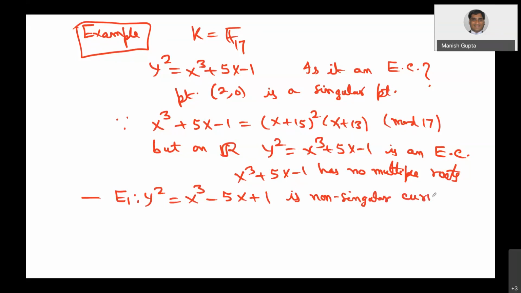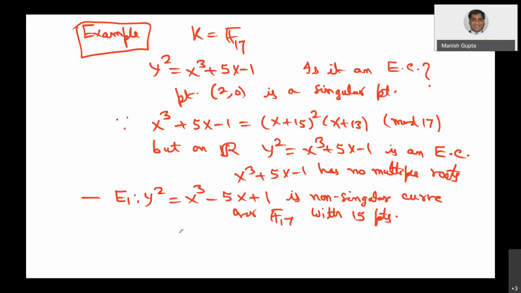How will you find this? You just put f(x,y) equal to 0 and see what the points are, and then compute del f over del x, del f over del y, and do all those calculations. So this is a non-singular curve over F17 with 15 points.